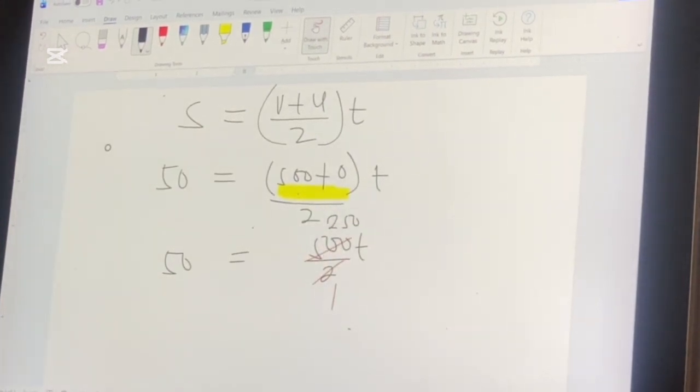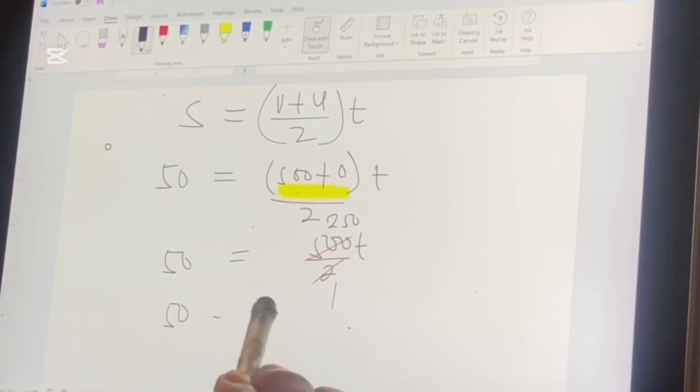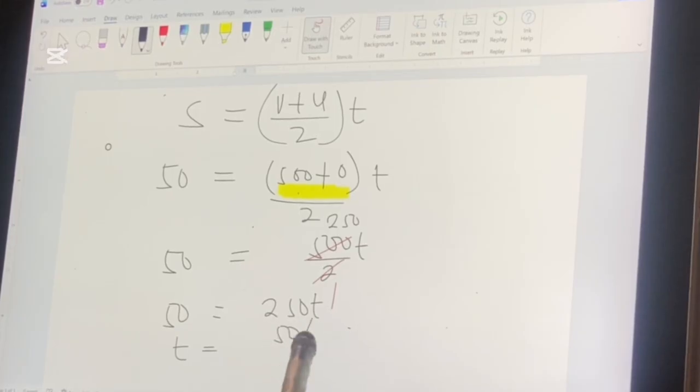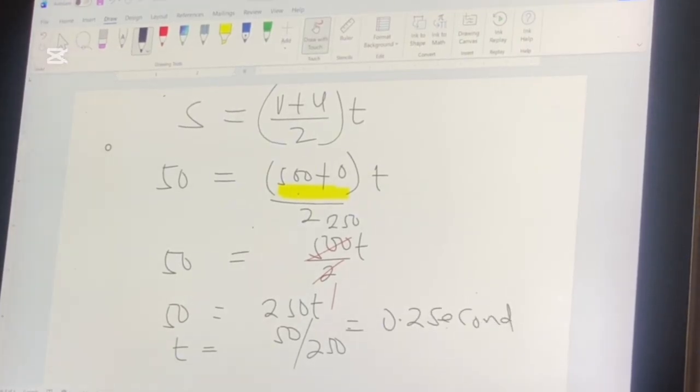Please take note. So I will have 50 is equal to 250t. So making t the subject, t will be equal to 50 divided by 250, and my answer will be 0.2 seconds.